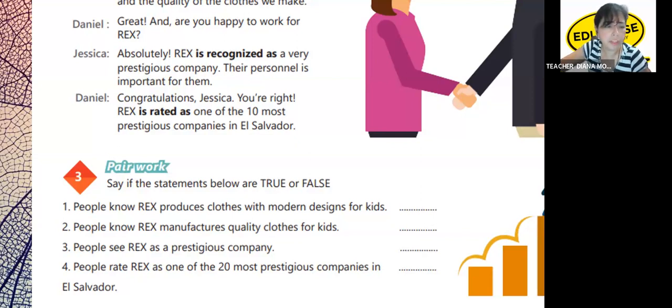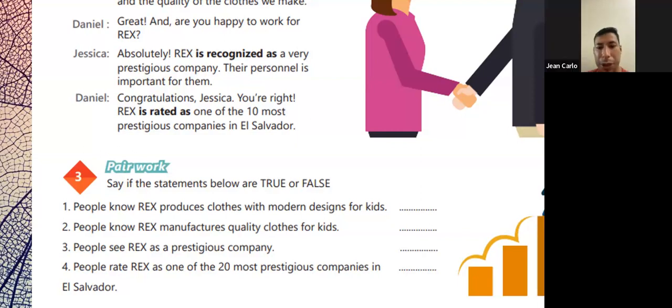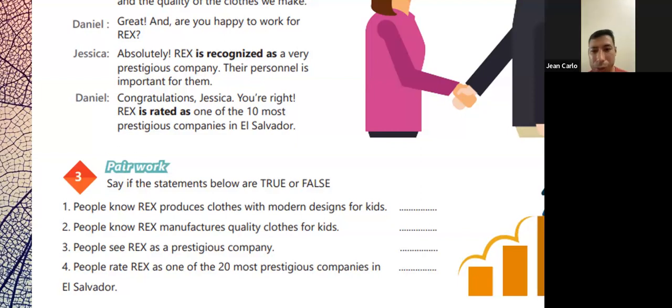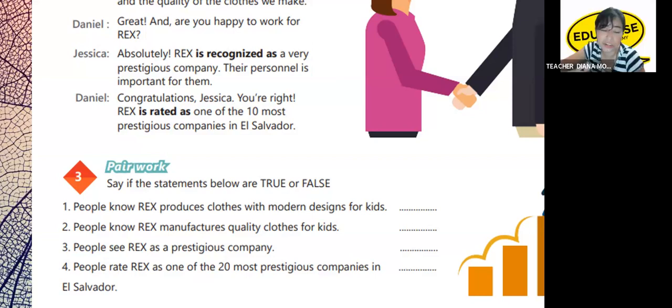Do you remember if it is true or false? Number one, people know Rex produces clothes with modern designs for kids. True, teacher. Yes, it's true, right? Correct. People know Rex manufactures quality clothes for kids. True or false? True, teacher. Yes, it's true.